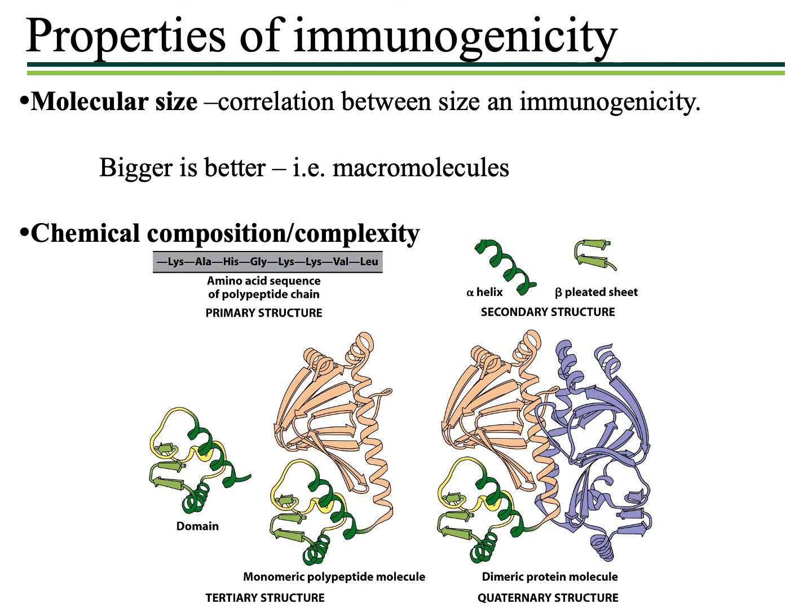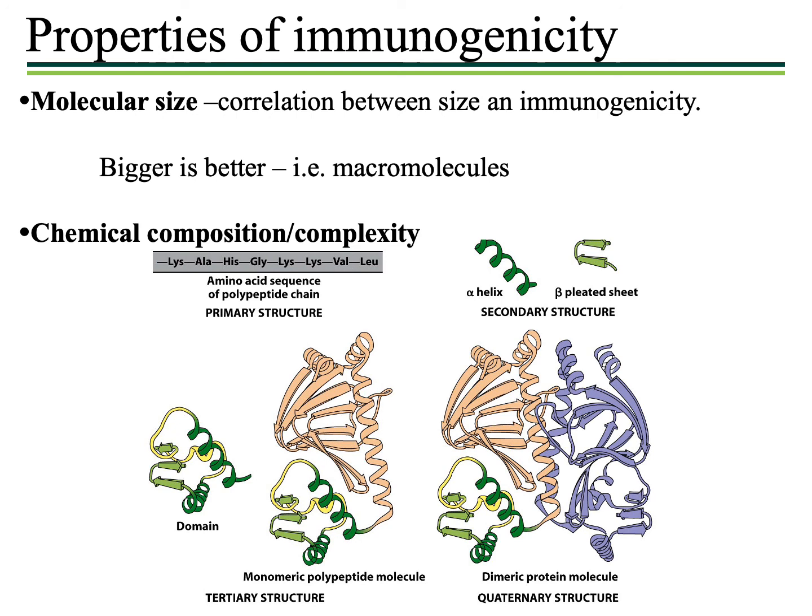And the quaternary structure is when two or more polypeptides come together. So again, what this demonstrates is that proteins are very complex and have extreme chemical composition associated with them. So proteins tend to be the number one type of molecule that are extremely immunogenic.